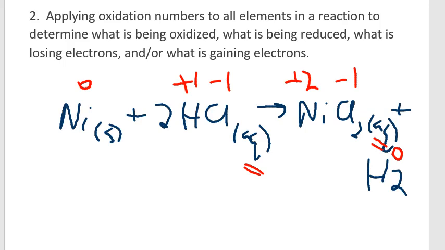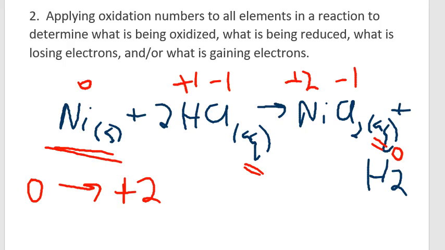Now, the original question was asking which substance loses electrons, and that would be the nickel. It's going from 0 to a plus 2 oxidation number. It's becoming more positive because it's losing electrons. So be careful here, because what's being oxidized is the nickel atoms, and the nickel atoms are losing 2 electrons.